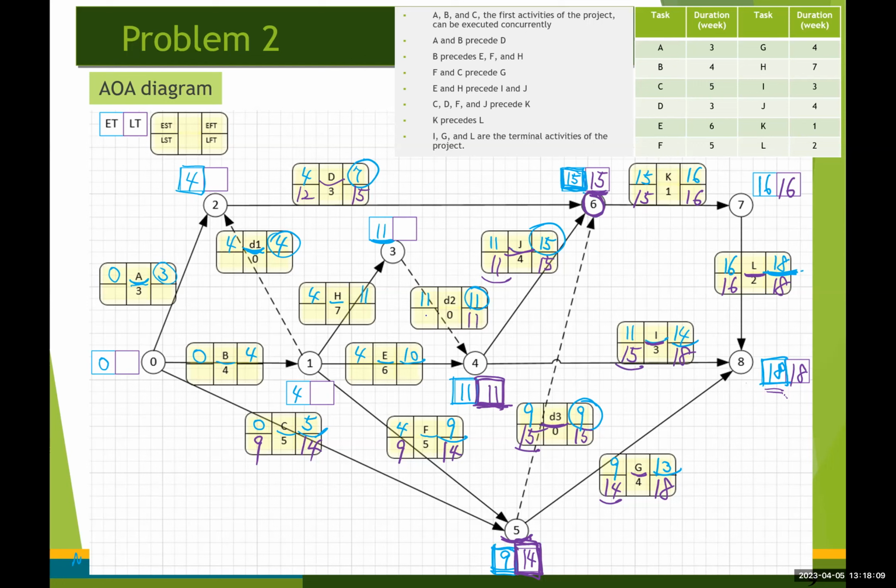So 11 minus 0, 11. 11 minus 6, so 5. Okay. And we have 11 up here. 11 minus 7. That's going to be 4, right?